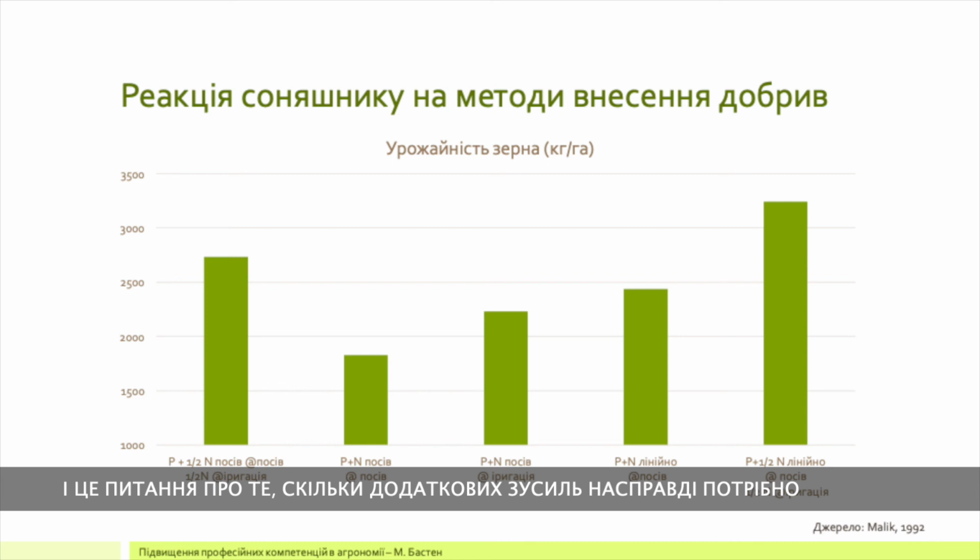And it's a question of how much extra effort it really is to apply it at planting compared to a broadcast application. But of course, if in the overall crop management plan for the holding this time is available at seeding, I think it can be recommended to do the fertilizer application, more or less the total phosphorus and nitrogen application, at planting and as a placement.